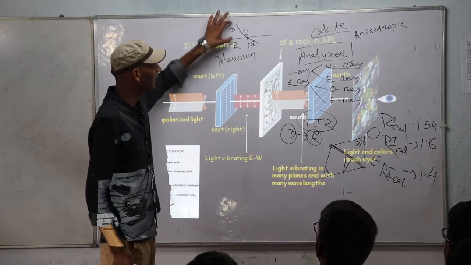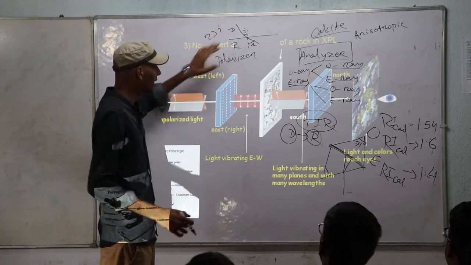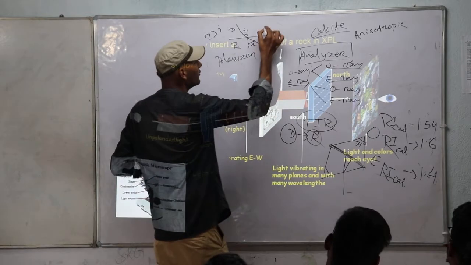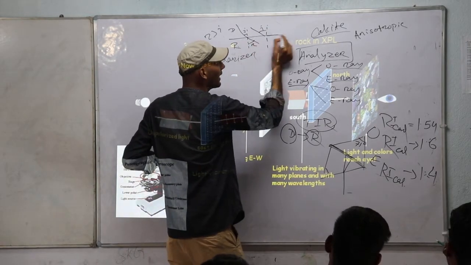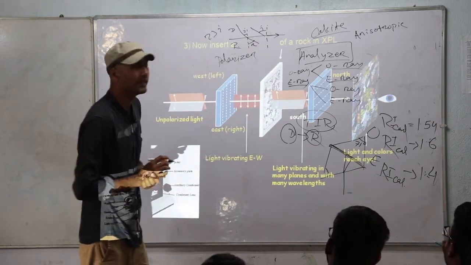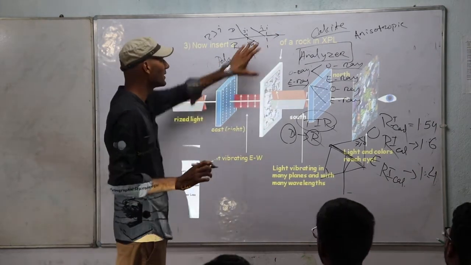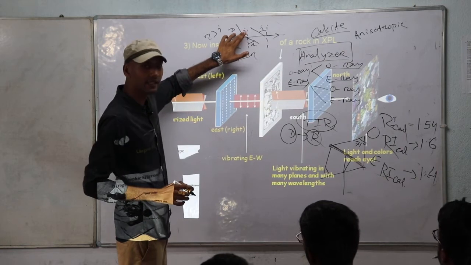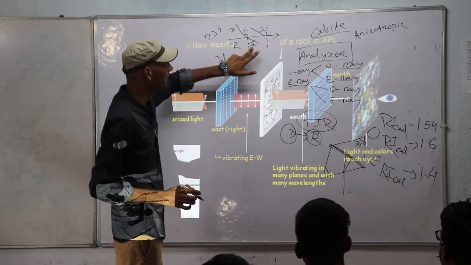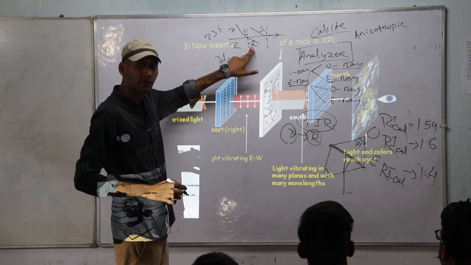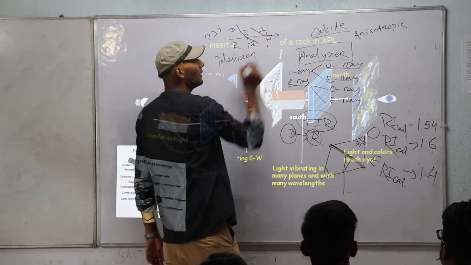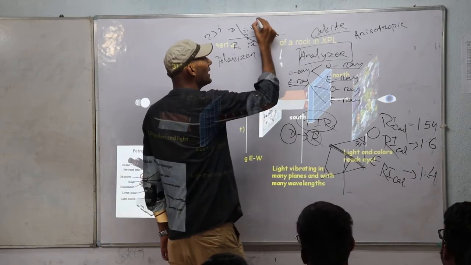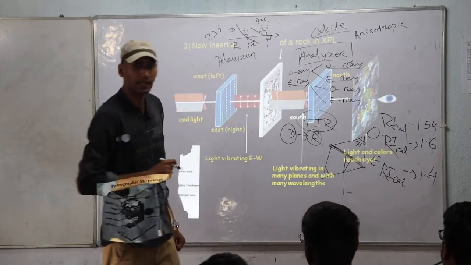Because it is going from denser to rarer. So as the angle of incidence increases, the angle of refraction increases. At a certain angle of incidence, the angle of refraction will be 90 degrees, right? Here i is equal to c. That means the critical angle.